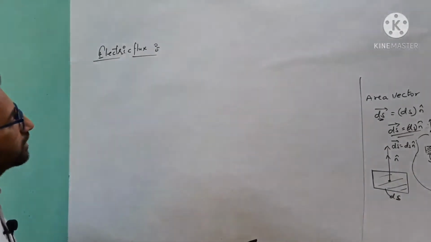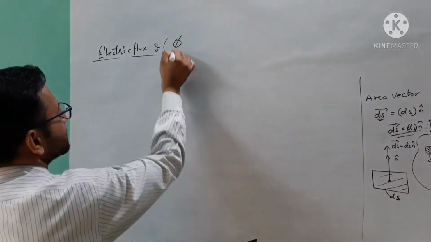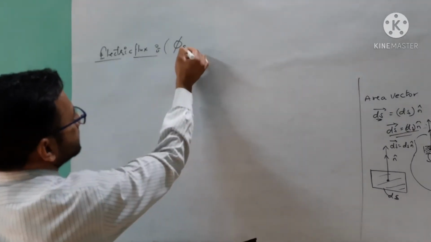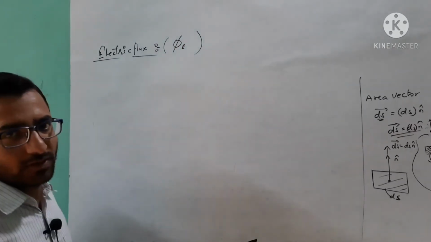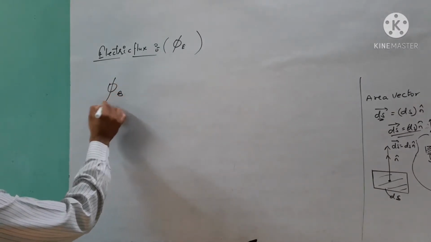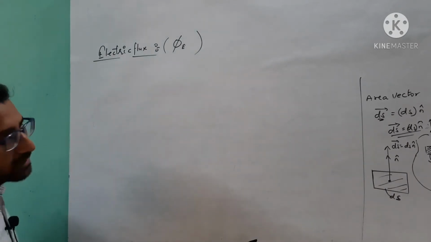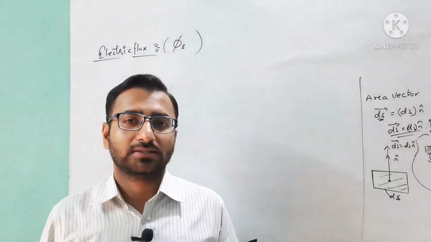Now after that we talk about electric flux. What is the meaning of electric flux? Students, the electric flux is represented by the symbol phi E. E means electric, phi is for flux. After that, in magnetism you will see phi B, which is called magnetic flux. Electric flux is related to electric field lines.